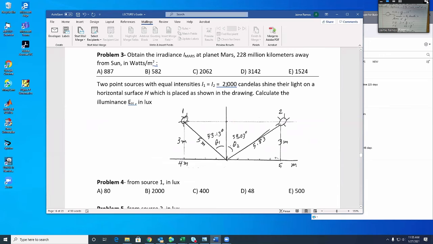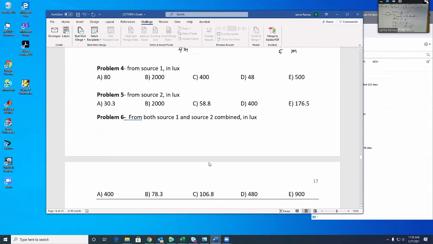So we need to divide 2000 over the distance squared. The distance for lamp 1 is 5, so that's 25. 2000 over 25 is 80 luxes. And then we need to use geometric angles, the cosine for the vertical and the sine for the horizontal. So we discussed these problems here.